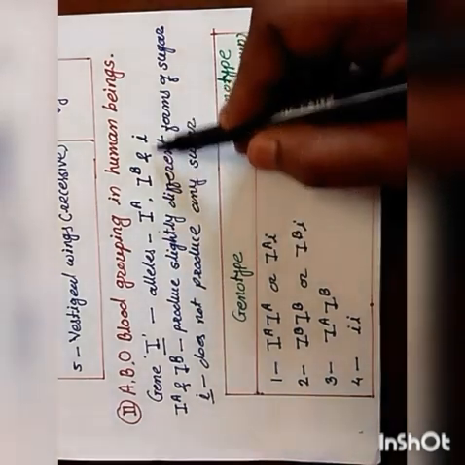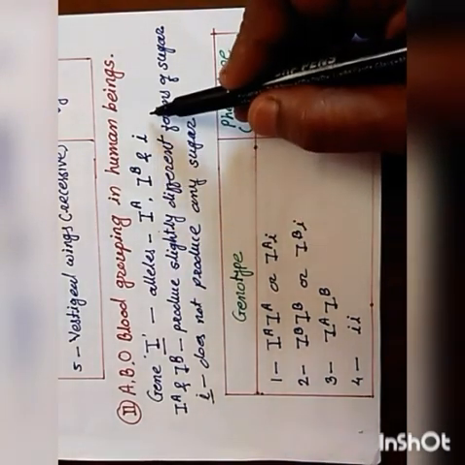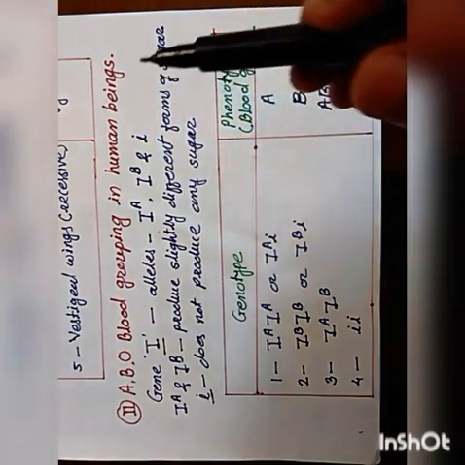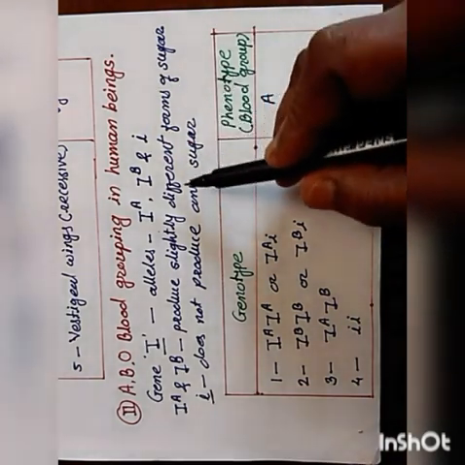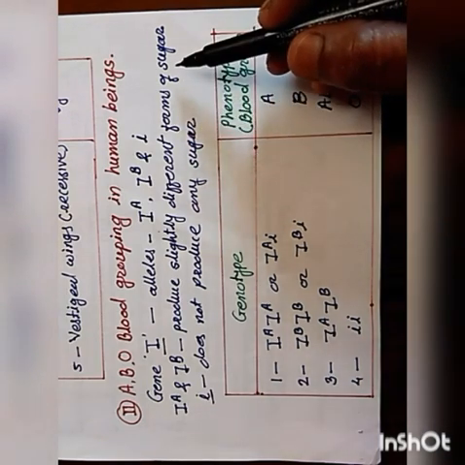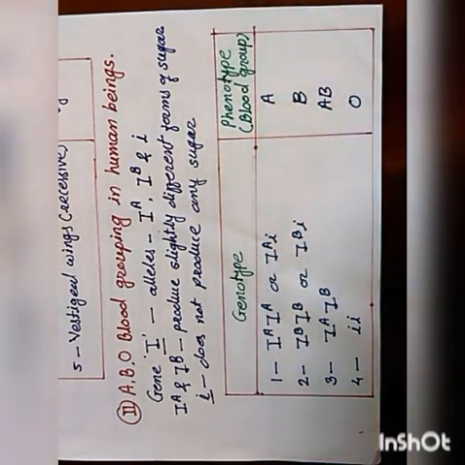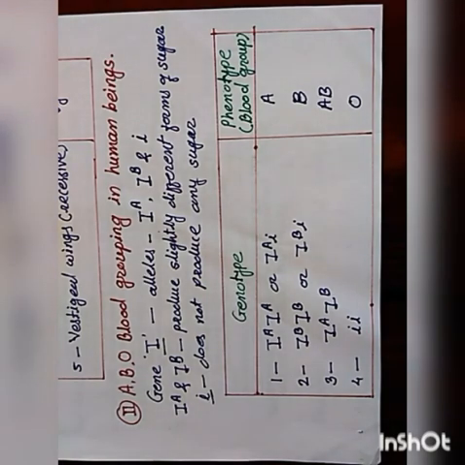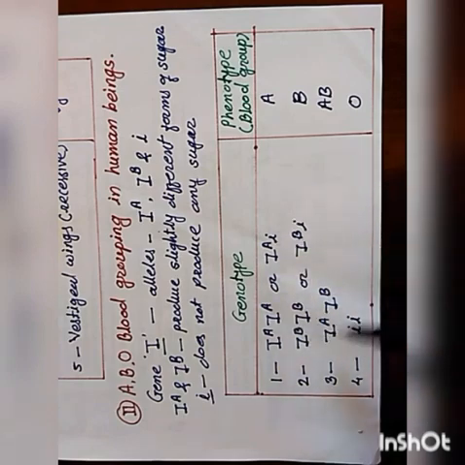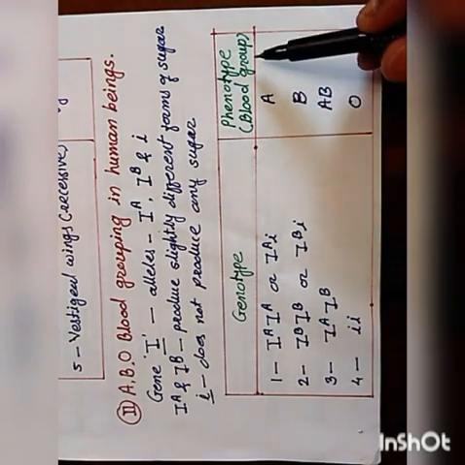And these three different alleles are responsible for the expression of four different blood groups, and these four different blood groups have six different genotypes. Which are these four different blood groups and their six different genotypes? See here, this is the genotype, and phenotype means the blood group.